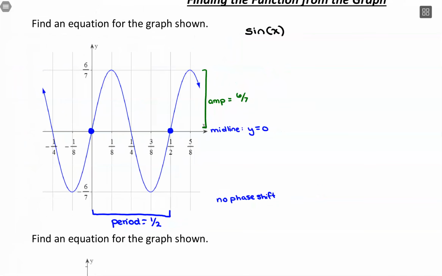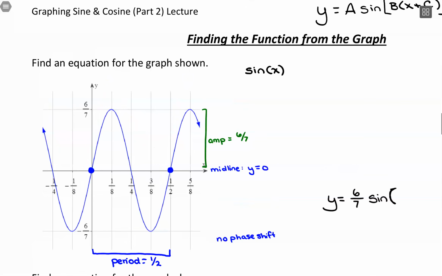Alright, so plugging in. I can start plugging in that this is y equals amplitude of 6/7, sine of, and b. So, if you remember, period is equal to 2 pi over b.